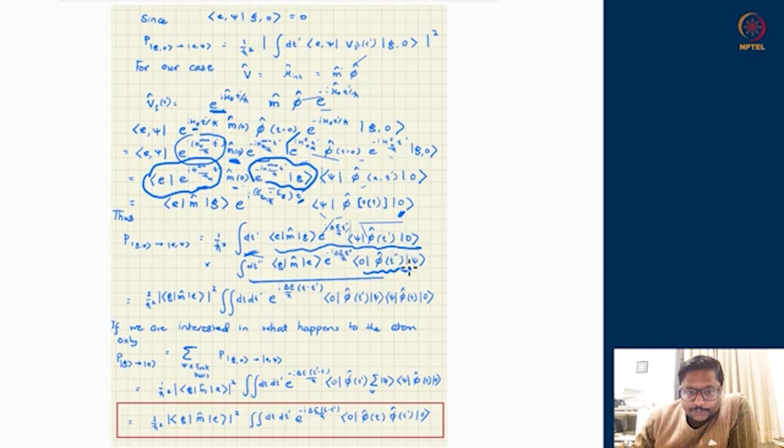So I can first write phi t double primed between 0 and psi, and then psi phi t primed at 0. So I have flipped this complex number, because complex numbers can be flipped, operators cannot. And you remember t double primed was being called t primed in the next step, and t primed was being called t in the next step.